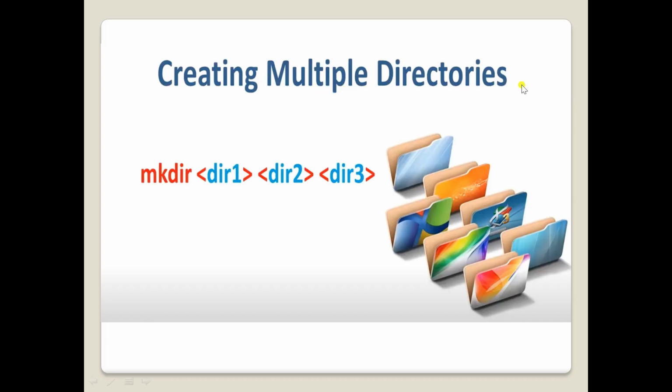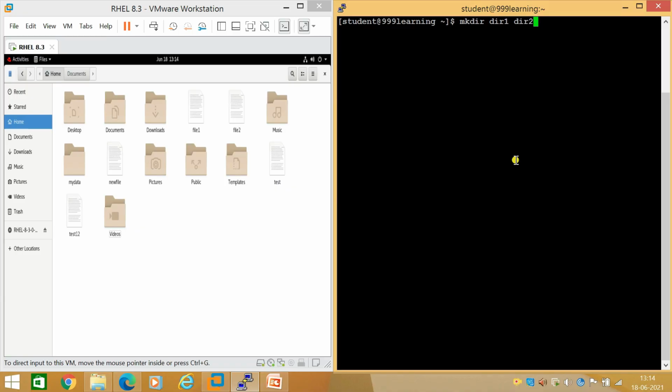Creating multiple directories. mkdir space one directory name, then the other directory name, then another directory name. You can keep multiple directory names and create them in a single command. Let's run the command in the terminal: mkdir space dir1 dir2 dir3. On the left side window you can see we do not have any directory with the name dir1, dir2, dir3.